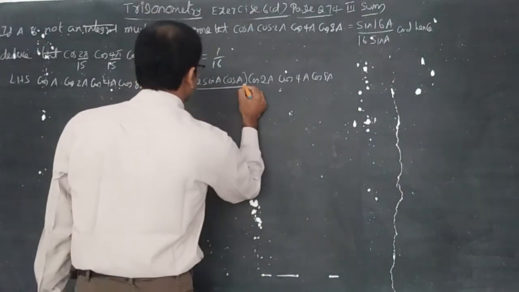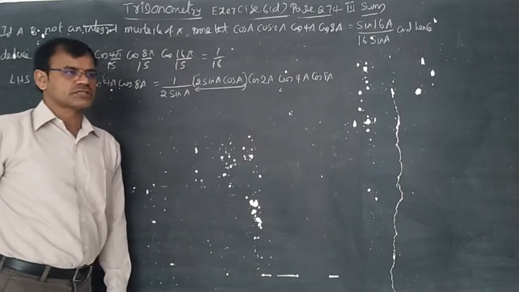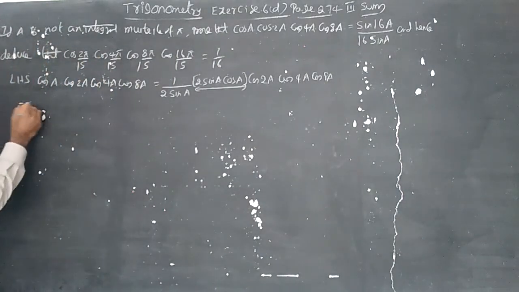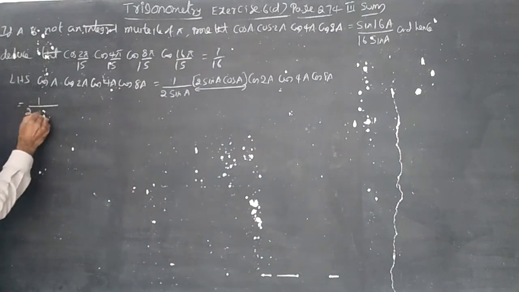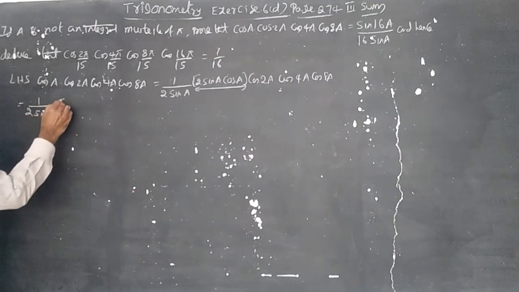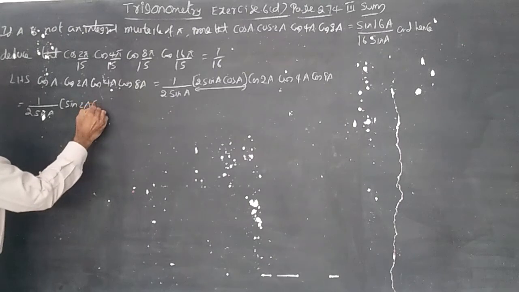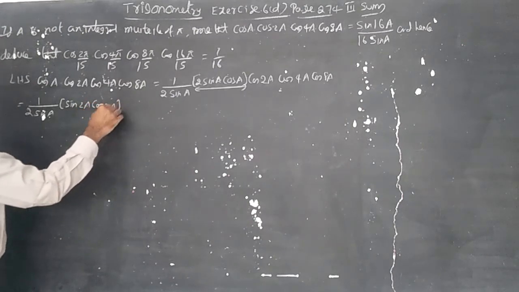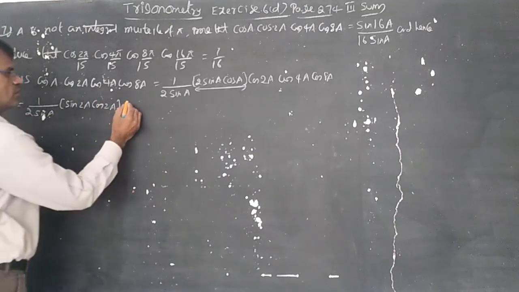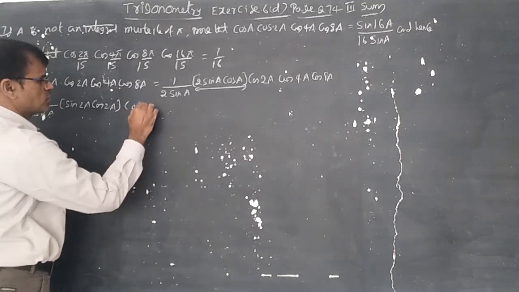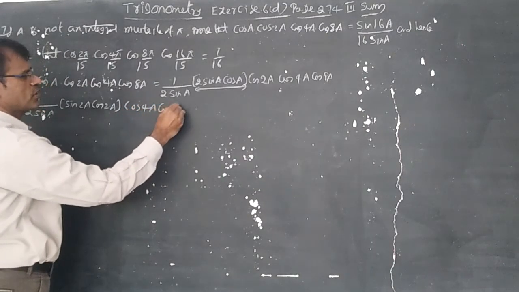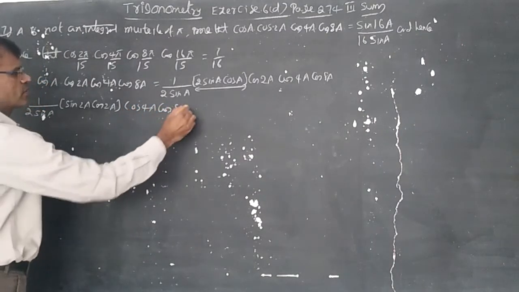We know that the formula of 2 sin A cos A is sin 2A. That is equal to 1 by 2 sin A into this is sin 2A into cos 2A within bracket, and next one write like this, cos 4A into cos 8A.